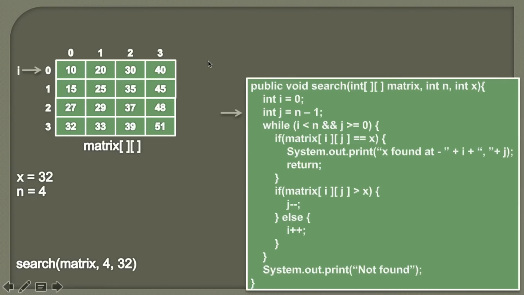Then we'll create one more integer variable by name j, and we'll assign it a value of n minus 1, which is nothing but 4 minus 1. So friends, j will point to the column index. We will start our search from the top right corner of the matrix. Therefore, we have initialized i to 0 and j to 3, and we will start our search from the index 0, 3, having a value of 40.